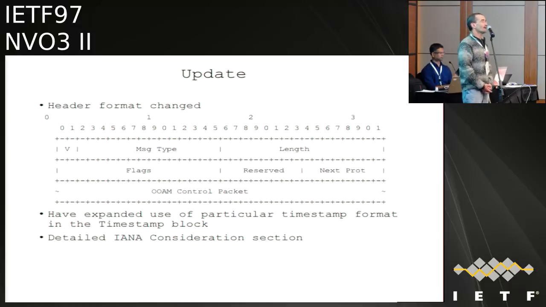Okay, about terminology. I would call it in situ OAM because I really like this term, and active OAM, because active OAM can be in band as well. In our discussion yesterday, we talked about it. Active OAM can be in band, which means it shares the fate of the data flow it's supposed to monitor.